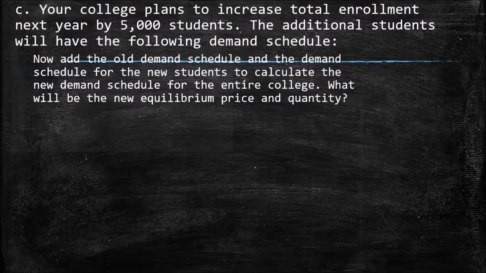Okay, part C. Your college plans to increase total enrollment next year by 5,000 students. The additional students will have the following demand schedule. Now, add the old demand schedule and the demand schedule for the new students to calculate the new demand schedule for the entire college. What will be the new equilibrium price and quantity?